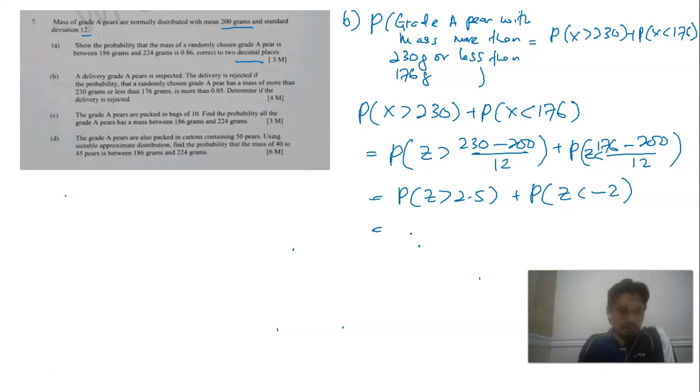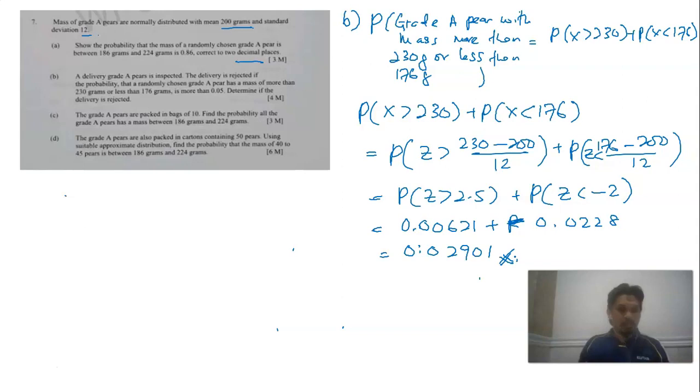Okay, the value of the probability of Z greater than 2.5, you may find from your statistical book, and this one gives you 0.00621, plus this one here, 0.0228. And this one is going to give you 0.02901.